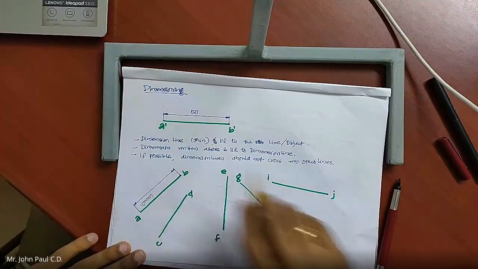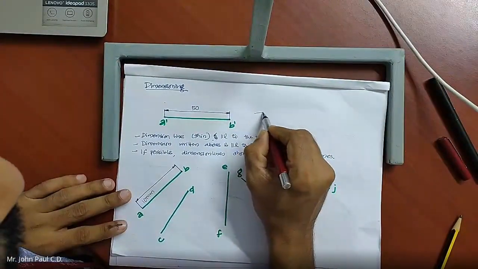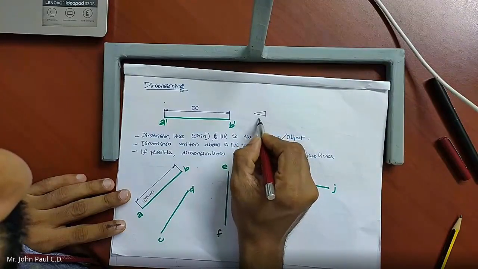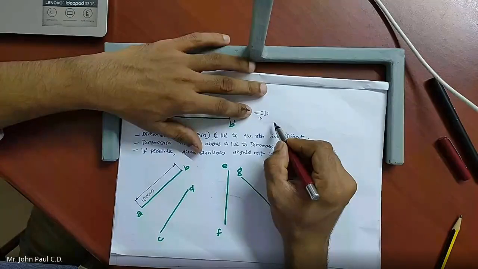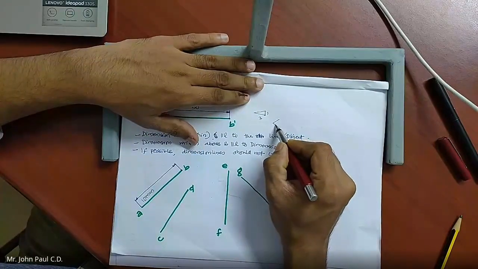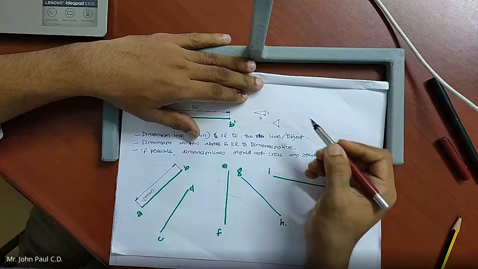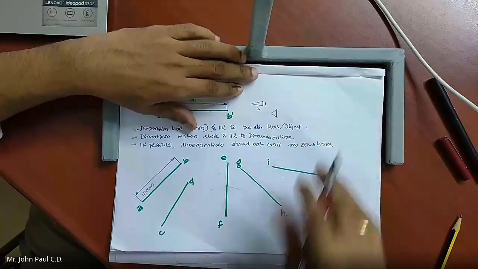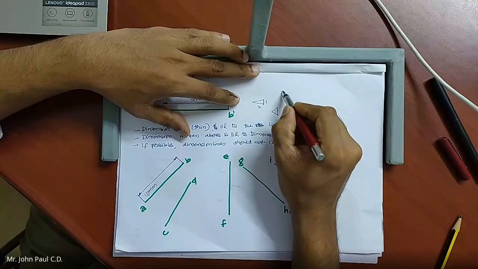Then the dimension line should have an arrow. There is a specific ratio, 3:1. And it should not be like our mad angle or samosa or your Play Store symbol. And it should not be like this also.